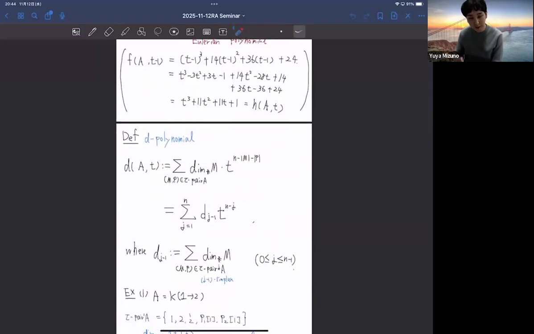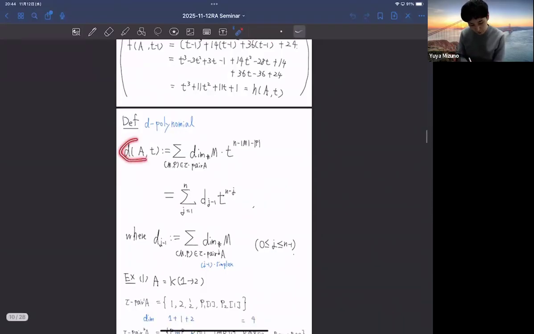So now we explain a new notion called the d-polynomial. The d-polynomial is defined as follows. We consider all tau-rigid pairs and consider the dimension as a k-vector space of M, only this module part. And the degree is defined like this. It's equivalent to say we consider the polynomial, and the coefficient of degree n minus j is defined as follows.